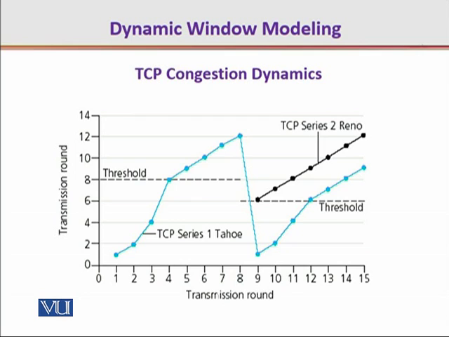And we see here that on the y-axis we have the representation in terms of number of segments. When TCP starts transmission, it always starts with slow start. It grows exponentially. It reaches a certain threshold, enters into congestion avoidance phase, and grows linearly.